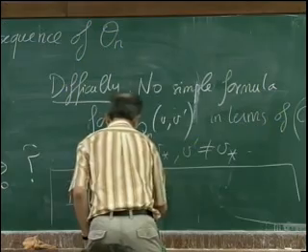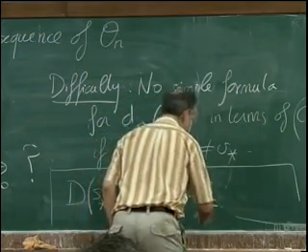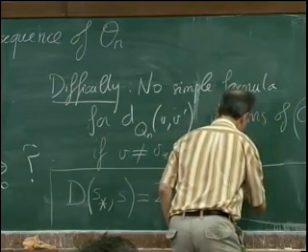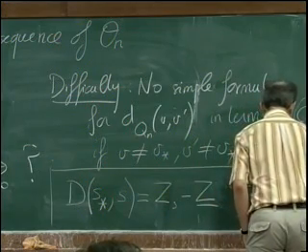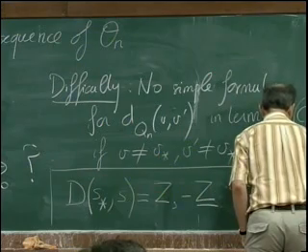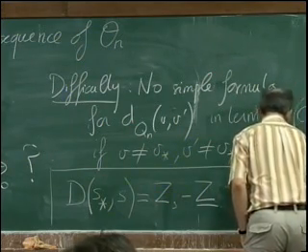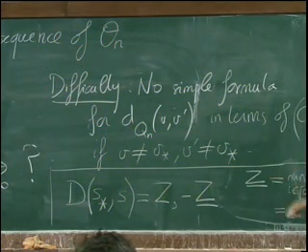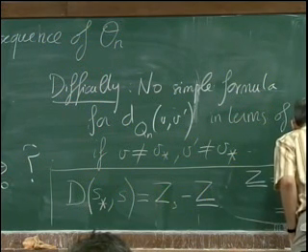S star is equal to Z_S minus Z bar. So Z bar is the minimal value of Z. And it turns out that this minimal value of Z is achieved at a unique point. And this is the point which I called Z star.